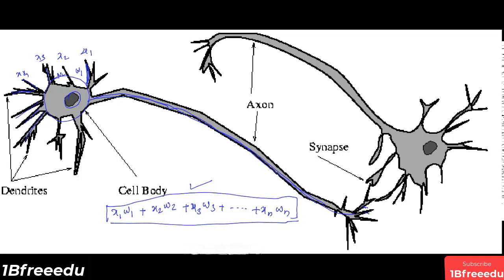So let us see the artificial neuron now. If I represent the biological neuron in a very simple way, we have this nucleus, or the cell body. These are the dendrites. The input is coming through these dendrites, and we are associating weights with these inputs.